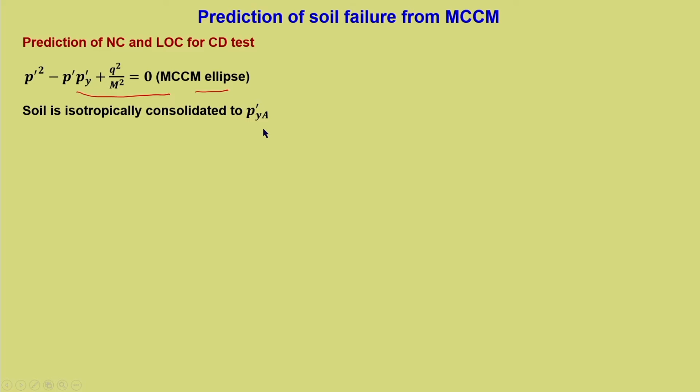The actual definition of OCR for LOC and HOC would differ, and it is not a very strict rule of thumb. So, the soil is isotropically consolidated to P dash yA. This is the Q P dash plot. This is the maximum yield point, and that comes from the isotropic consolidation.